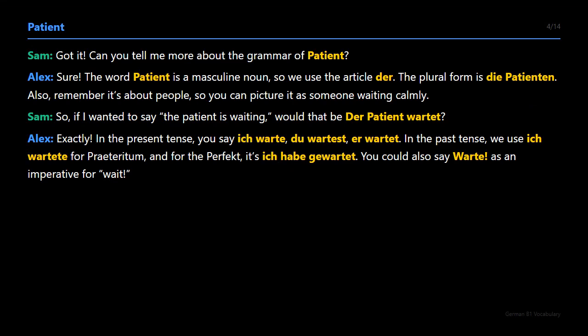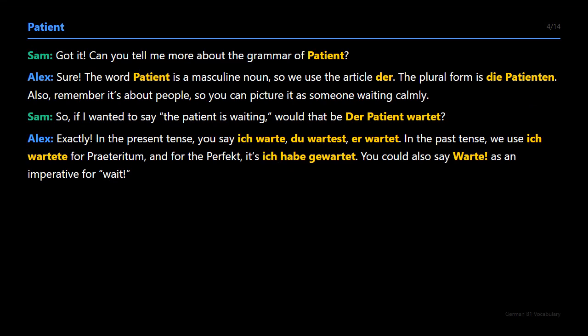In the past tense, we use Ich wartete for Preteritum, and for the perfect, it's Ich habe gewartet. You could also say Warte as an imperative for wait.